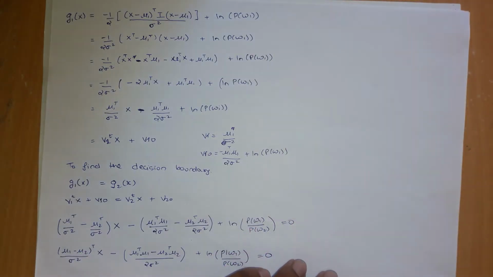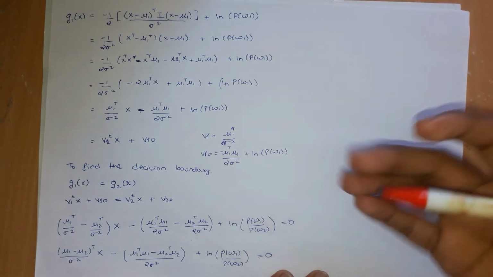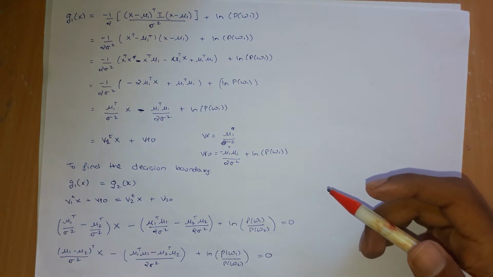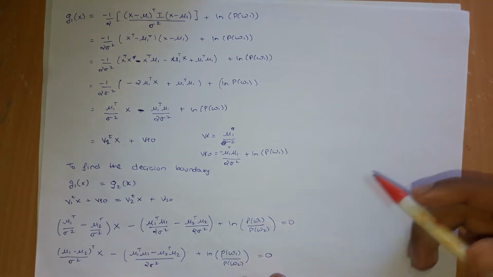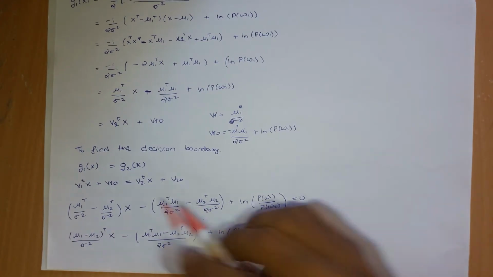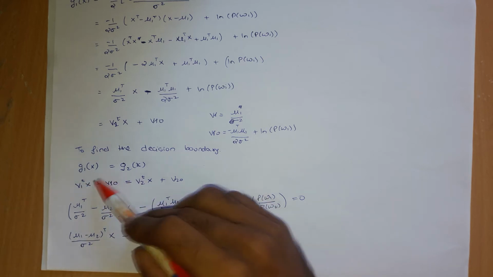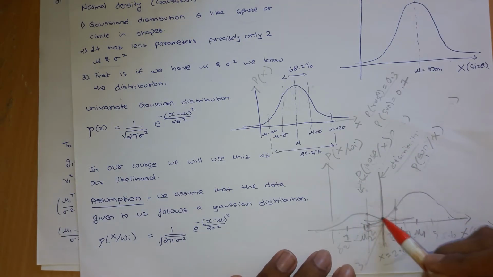So there is some algebra that we are doing. So please go through this. I'll upload these notes in the Google Drive and put the link in the description below. So please go through this, it is just simple algebra. So what I'm interested in is the results. So when I'm equating g1 of x is equal to g2 of x, what I am doing is just finding the point where both of them are equal.